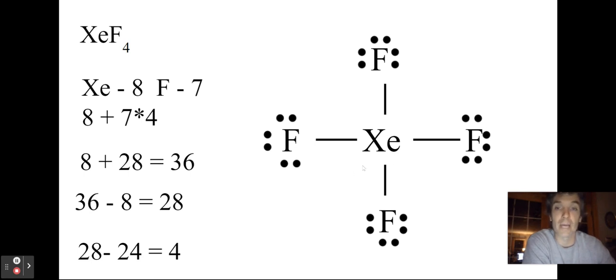Now, the central atom has to be period 3 or below, and xenon is period 5, I believe. So it definitely fits. So I would add the electrons in there. This is an expanded octet in that xenon now has 12 valence electrons. It can do this because of its size. It's a big atom and it can do it. All right. So that's how you would draw Lewis dot diagrams.